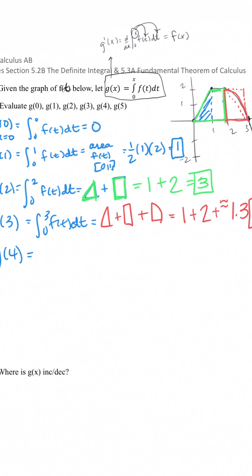I've got my triangle piece and then my rectangle piece, and then I've got my squiggly piece above, but then I have my squiggly piece below, which I'm actually going to be subtracting because it's below the x-axis. It looks to me like those two pieces are symmetric, and because they're symmetric, their areas are going to cancel each other out. So I'm thinking that these are going to cancel out, and this is just going to be 3.